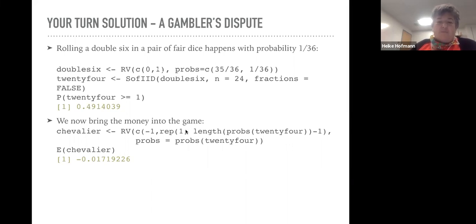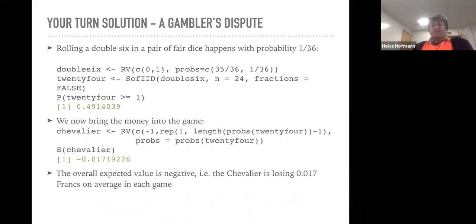Overall, we would hope, or he would hope, that he gets money out over time, but it actually turns out that he's expected to lose about 1/200 of a franc each time that he plays this game.